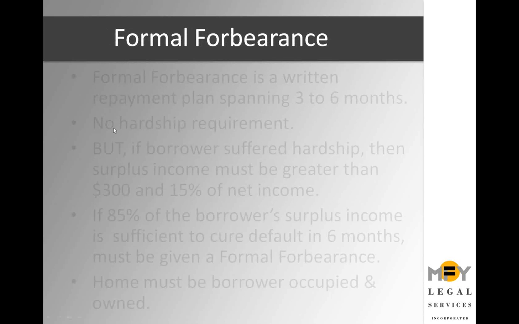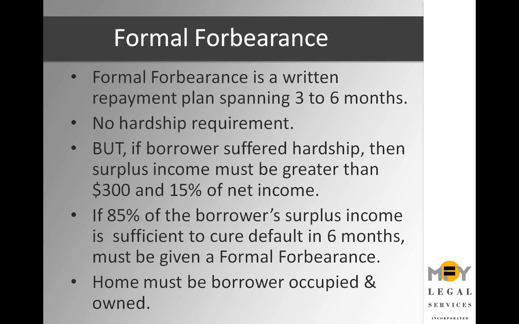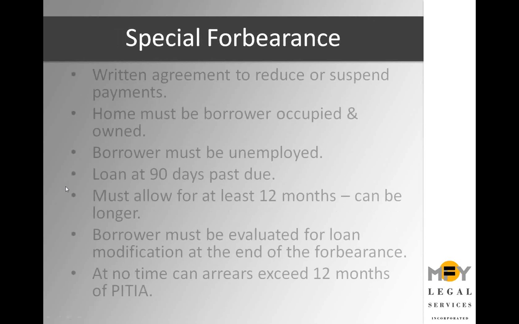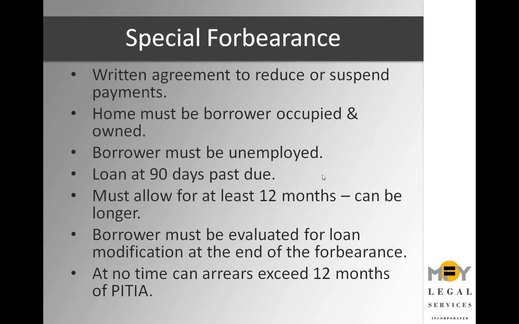A formal forbearance is a written plan spanning 3 to 6 months. Again, there's no hardship requirement, but the borrower does need to show income sufficient to cure the default within 6 months. And again, this is for borrower-owned and occupied properties. Last, we have the special forbearance, which is an agreement to reduce or suspend payments for borrowers who are unemployed.